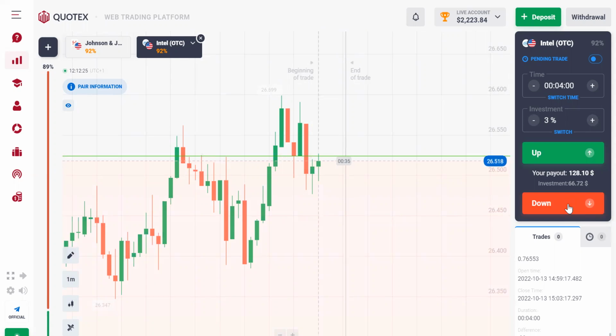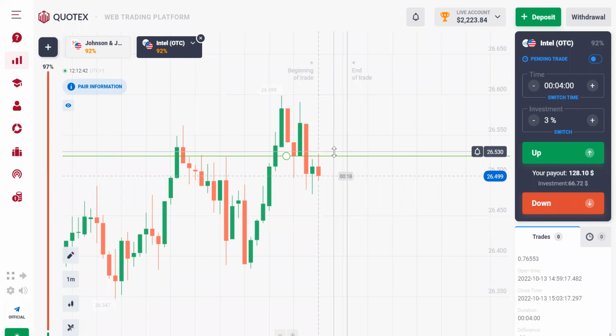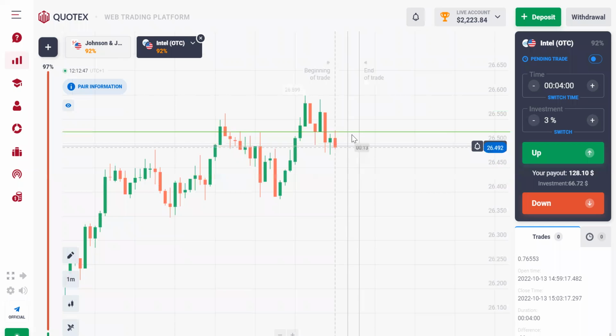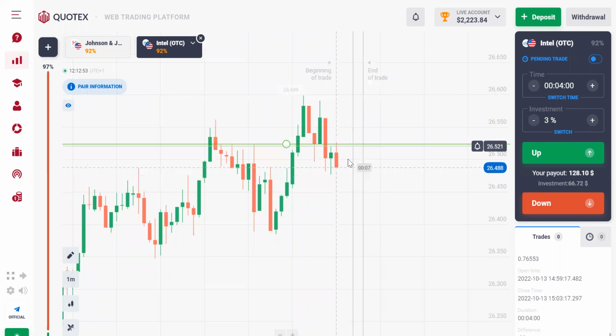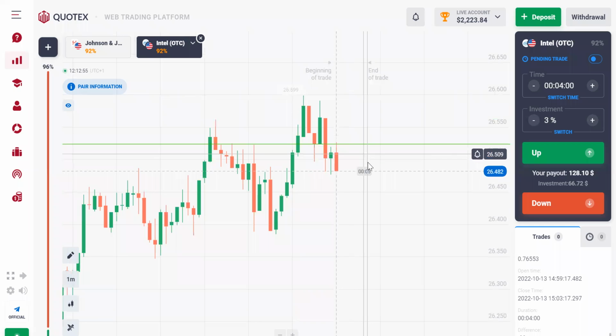Will it go up a little? Oh, it got to my level, but it didn't waste time, and it's selling already. So I just made this trade while I was talking. Let's see if we could still retrace a little.